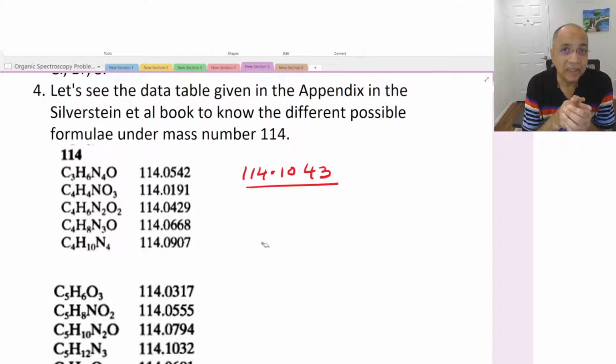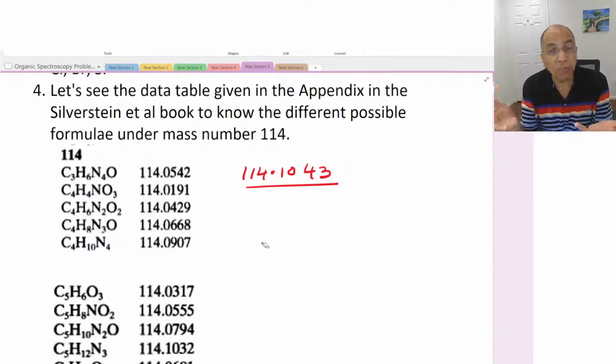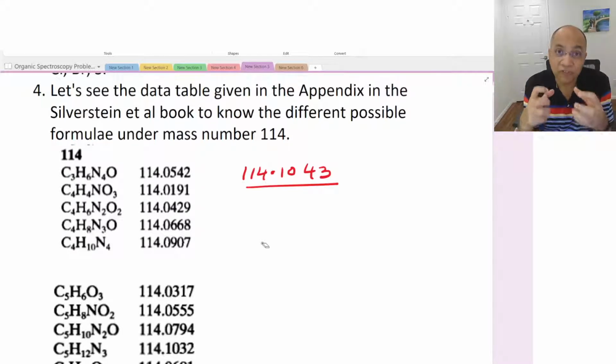Now, one thing I may also tell you, that if you find a mass number is even and you say there is no nitrogen, there can be nitrogen. Even if a mass number is odd, there may be no nitrogen, and you should not be surprised. It is due to the fact that that formula is not the formula for a neutral molecule. It is due to a radical, a monovalent radical or a bivalent radical.